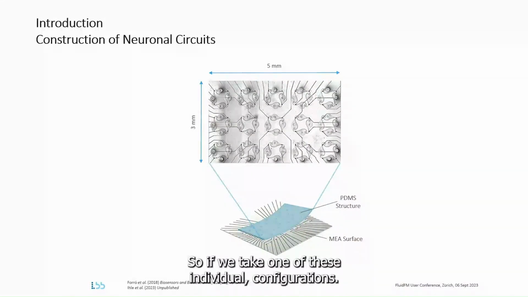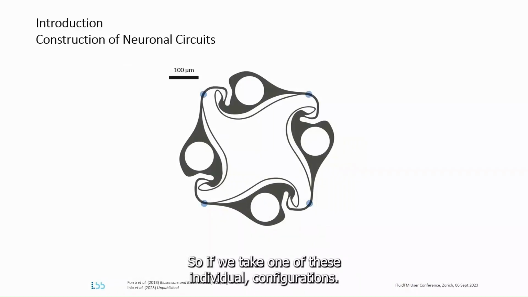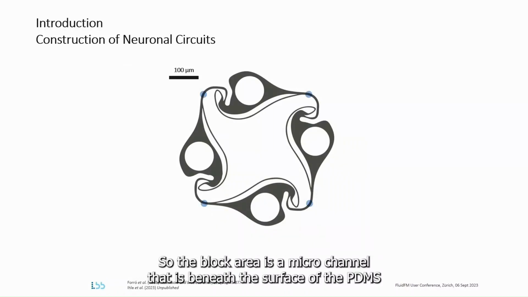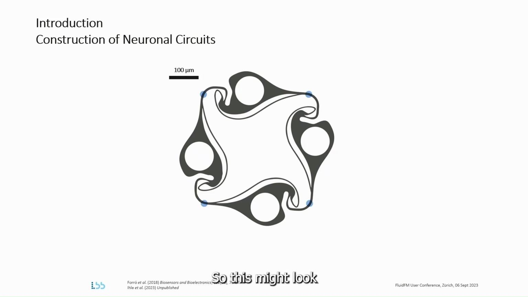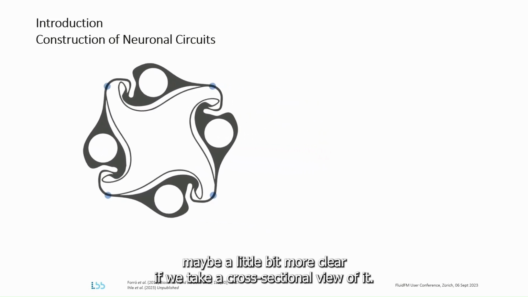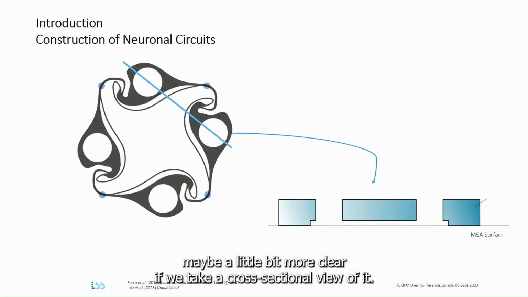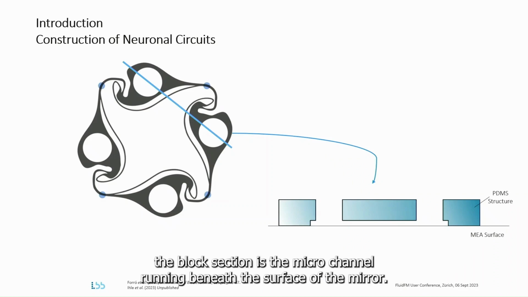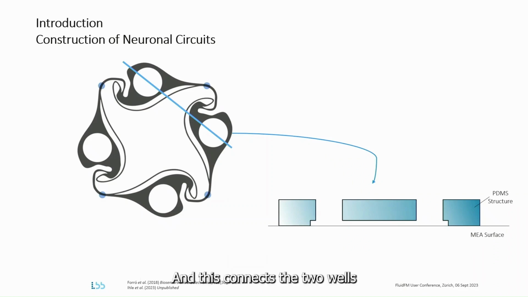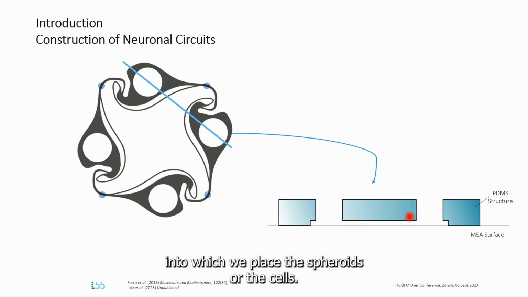If we take one of these individual configurations, the black area is a microchannel that is beneath the surface of the PDMS, and the white circles are the wells into which we seed the neurons. This might be a little clearer in a cross-sectional view. Here the black section is the microchannel running beneath the surface of the MEA, and this connects the two wells into which we place the spheroids, or the cells.